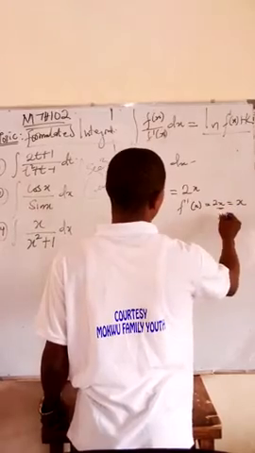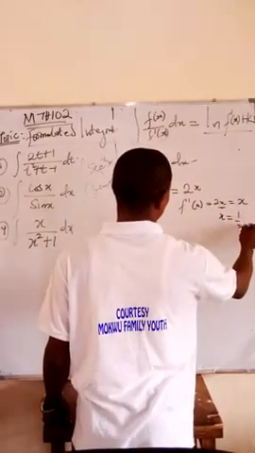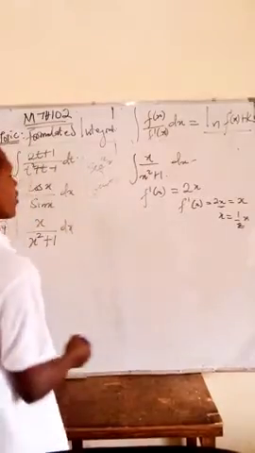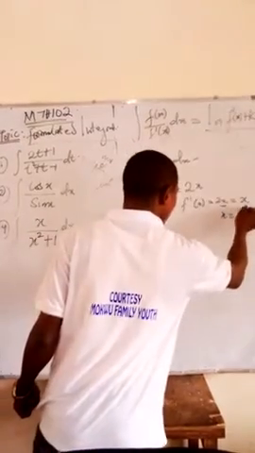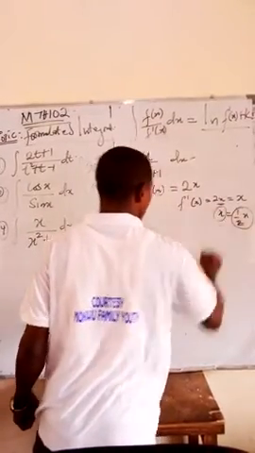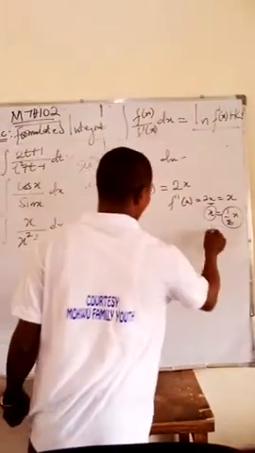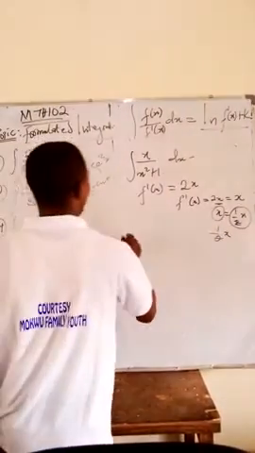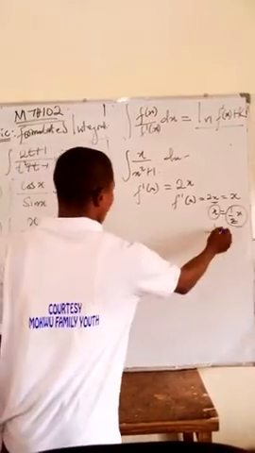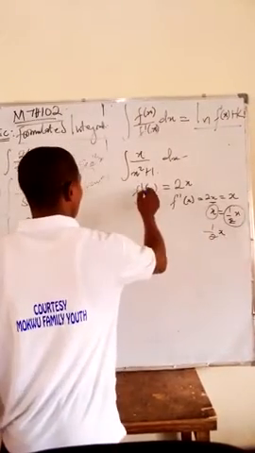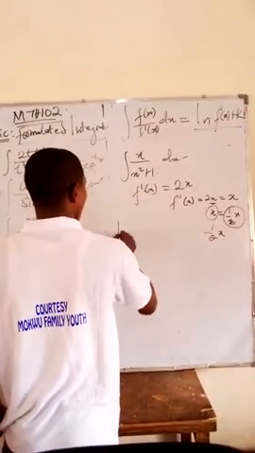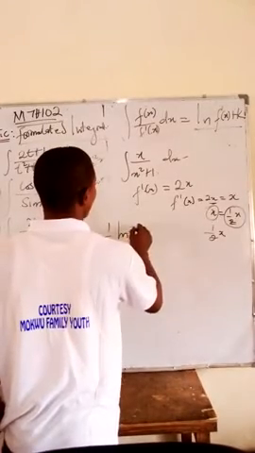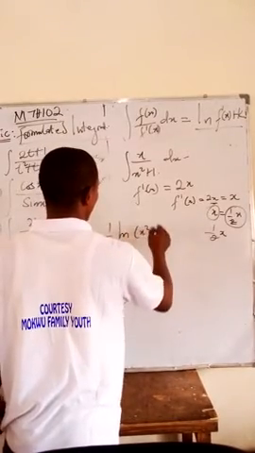We make x equal to 1 over 2 times 2x. So on doing so, we now have one half ln of x squared plus 1 plus k.